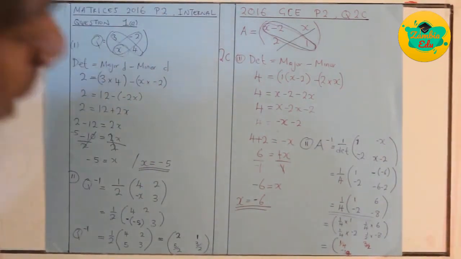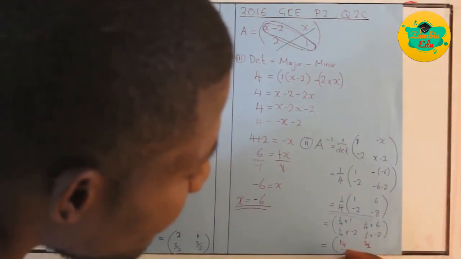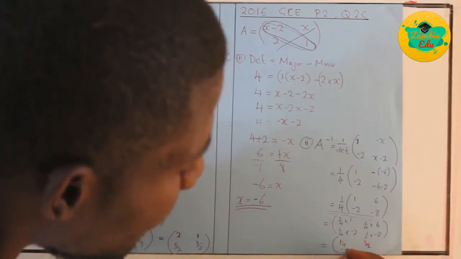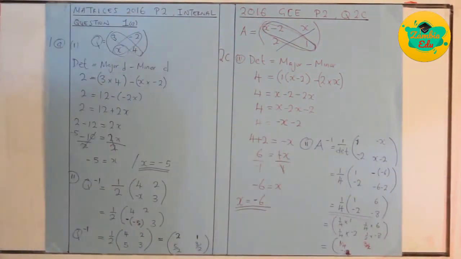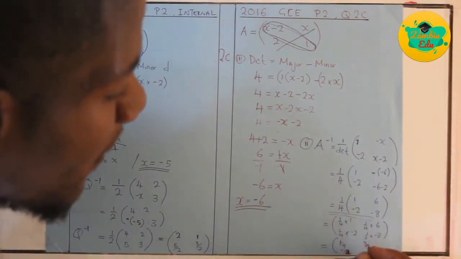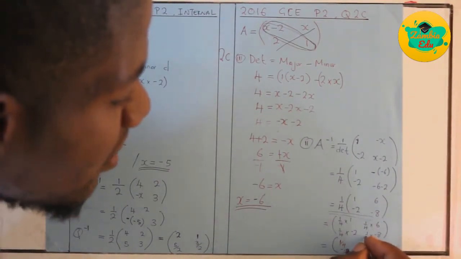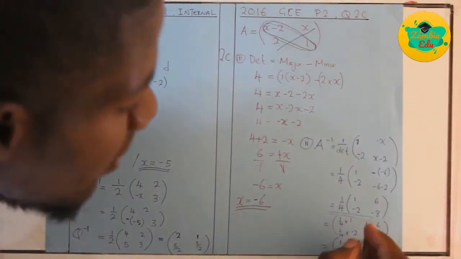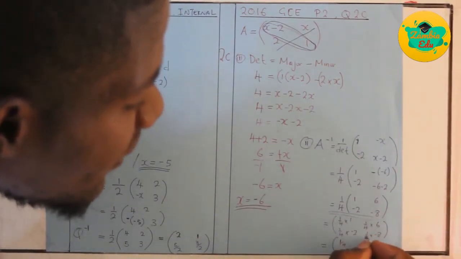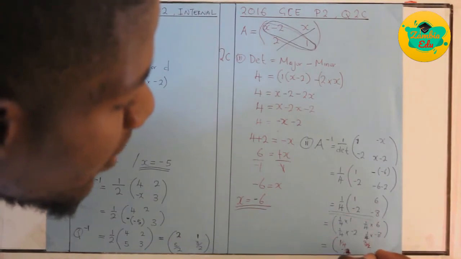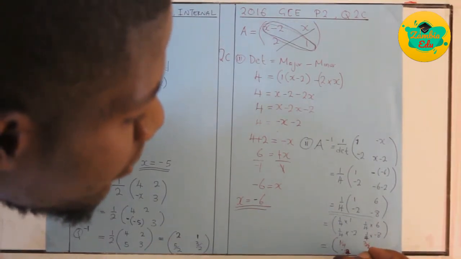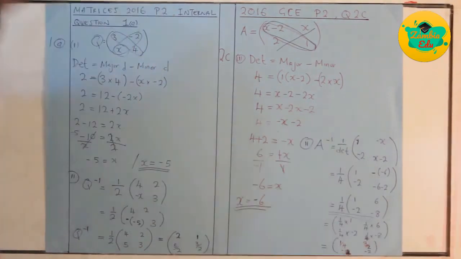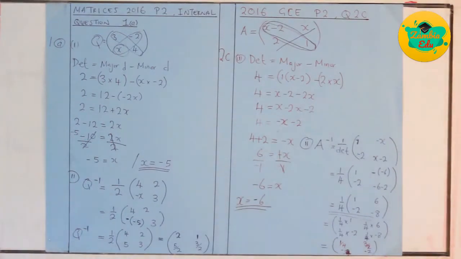This should be a 1 over 2. Our space is running out, so bear with me. That should be a 1 over 2. And then lastly, when we multiply this one, 1 over 4 times 8, we are getting negative 2. In that way. If you do that, you would have finished completely.